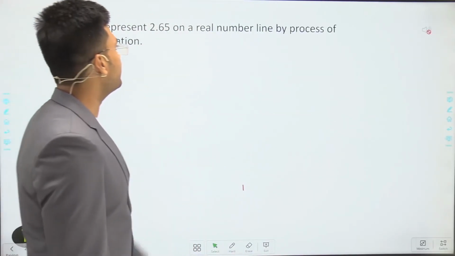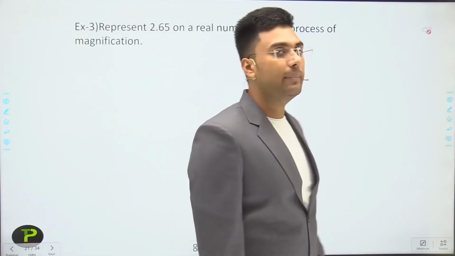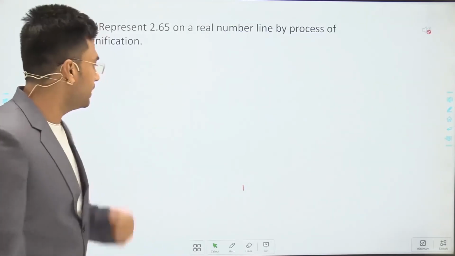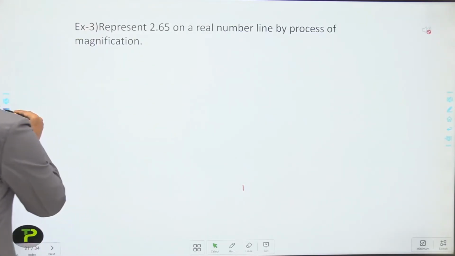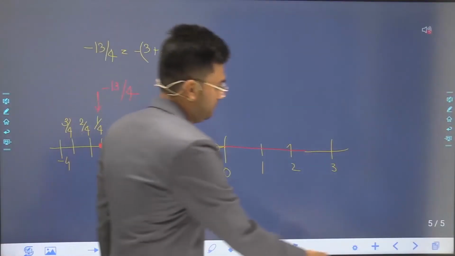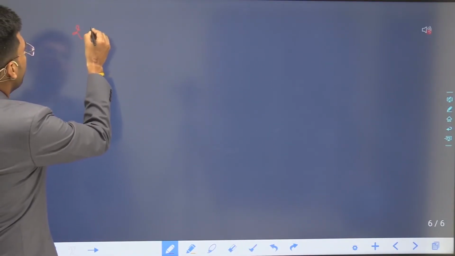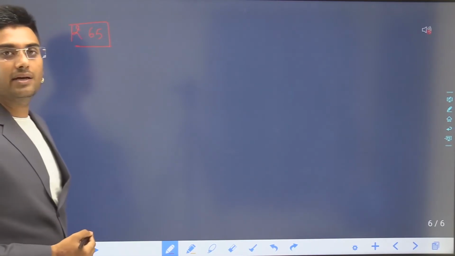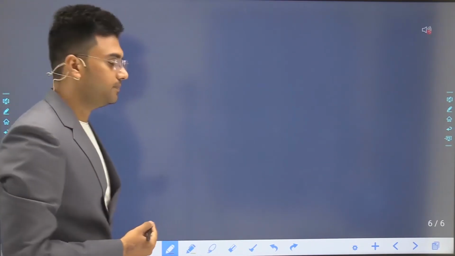Represent 2.65 on the real number line by the successive magnification method. We have to represent 2.65 on a number line by the successive magnification process.